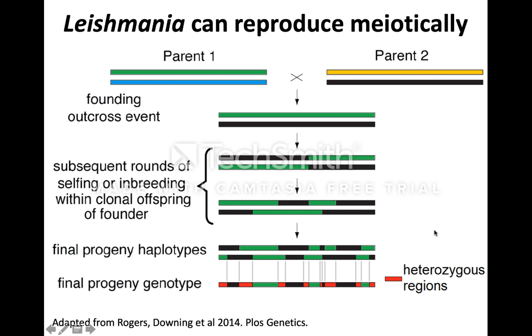This means when we're looking at hybrids in Leishmania, you have to expect that some parts, if there is extensive inbreeding, might be homozygous for one of the parental alleles, and other parts may be heterozygous, they have a mix of both.